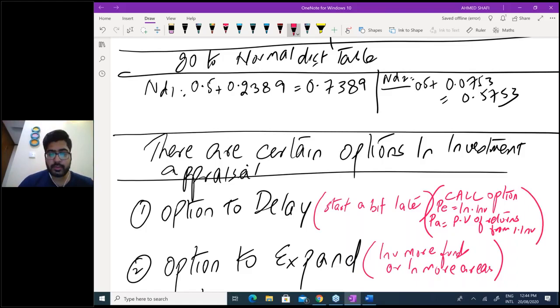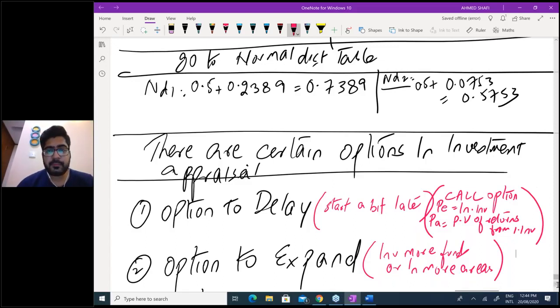You need to learn these. Option to delay, starting the project a bit late, is considered a call option. The exercise price PE is the initial investment, and PA is the present value of returns from the initial investment.